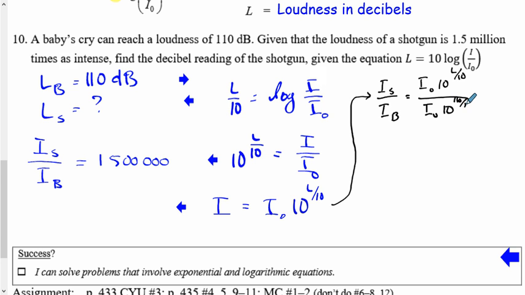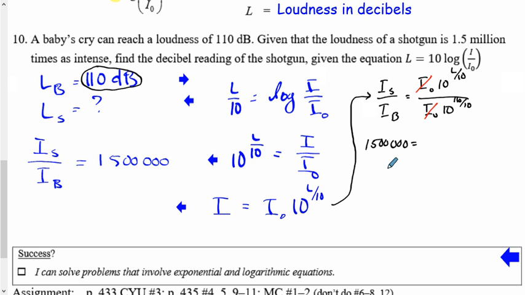Because again, we have that decibel rating of 110 decibels for the loudness for the baby's cry. I know that this ratio, I_S over I_B, is going to be 1.5 million. Here on the right-hand side, these reference intensities cancel out.